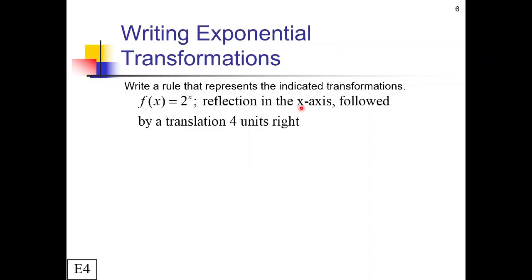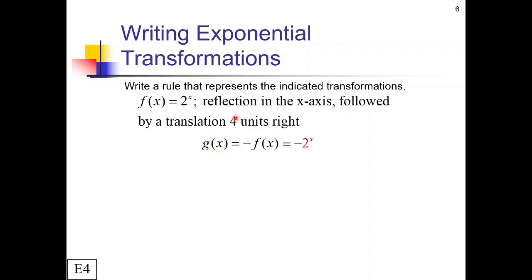All right, so let's handle the reflection in the x-axis first. That's a vertical reflection, so I'm going to make a new function, the g function, that's just going to be negative f of x. And just replacing f of x with 2 to the x, that's going to be negative 2 to the x. Next up, to go 4 units right, I'm going to create an h function that is basically the g function but translated 4 units right.